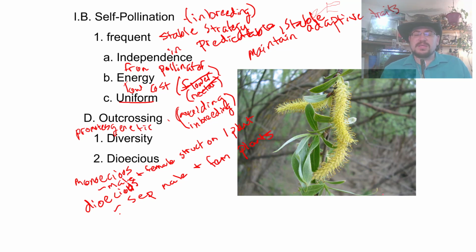For instance, this is a male reproductive structure. They call it the catkin for some reason. But at any rate, it's a cluster of pollen-producing structures, like a pollen flower, on a willow.